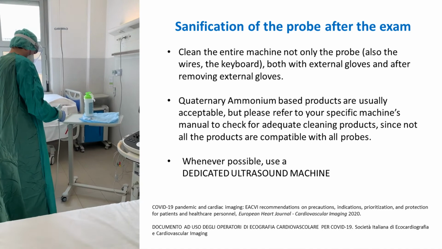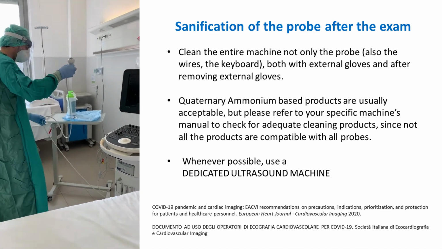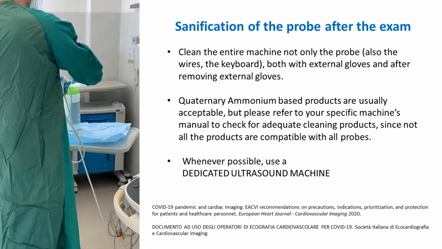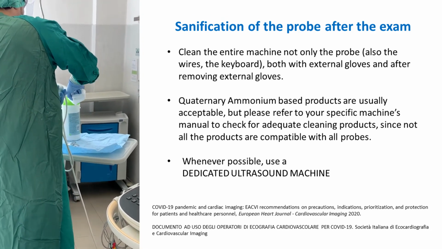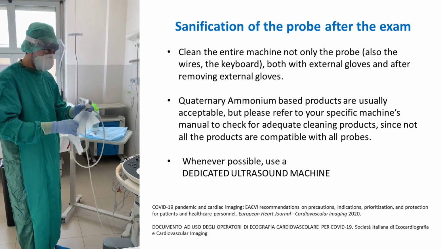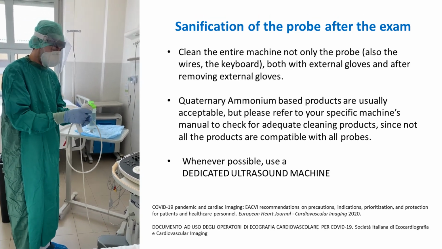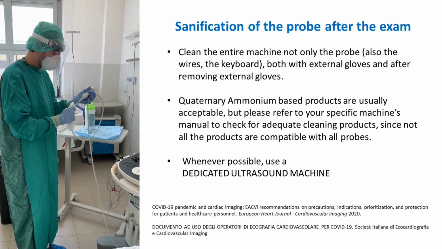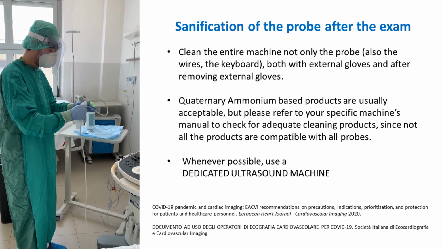Next, the probe should be properly sanitized. We can use specific wipes or other products to clean the probe, the wires and also the keyboard and other surfaces. And again, we recommend reading the user manual of your echo machine to select the appropriate product.